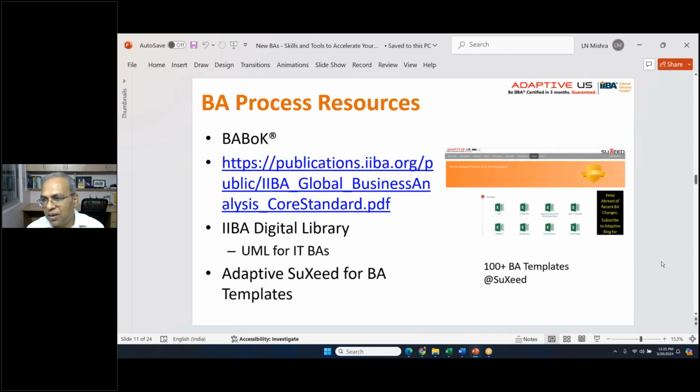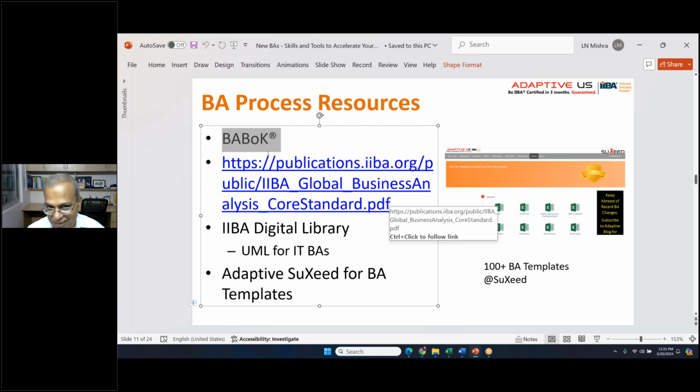Now I will come to certain knowledge specific things. As I said, you need to understand the core BA process very well. For that, you have two amazing books that come from IIBA. This is a paid product, so maybe you don't want to buy it this time.